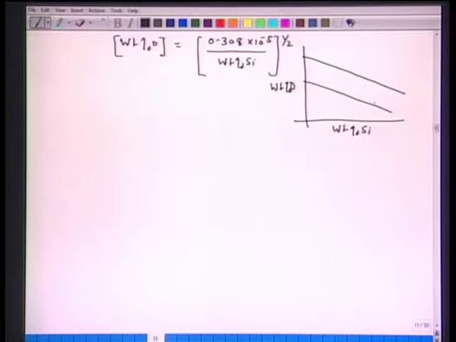Now, if I take another temperature, for example 1800 degrees centigrade, then I may get this particular line. An increase in temperature does not allow the silicon reaction to proceed. That means a decrease in temperature favors the reaction of silicon.